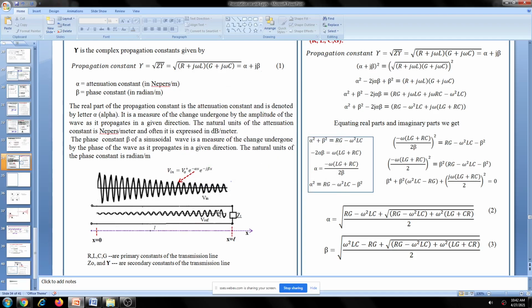By the time that signal reached here, the phase of the signal had already changed here. So if you measure at a particular instant of time the phase difference between the received signal here and here, they are different.